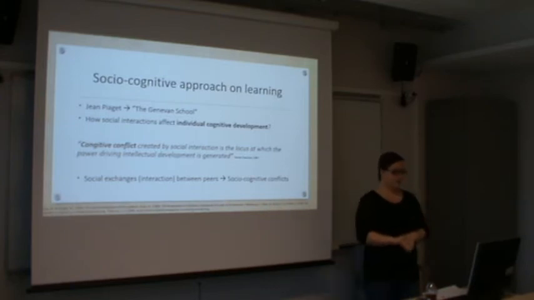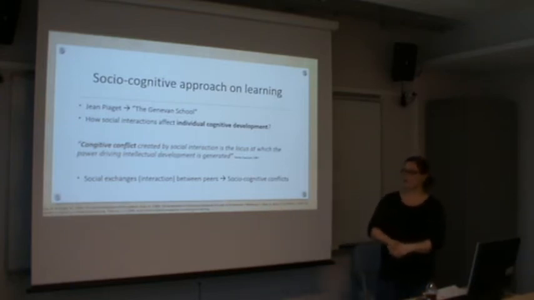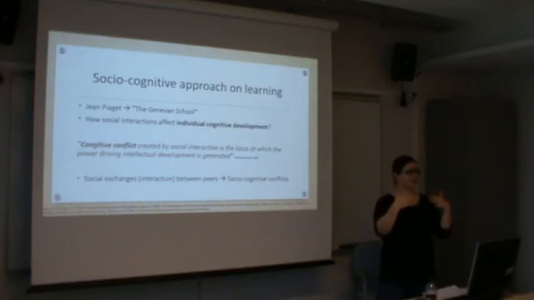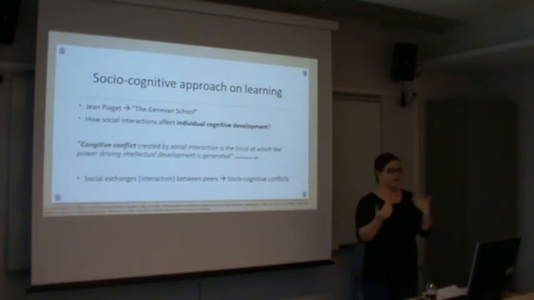And the cognitive conflict, I don't know if it's a familiar term for you, means that you know something and you hear or see something that conflicts with your idea of the topic. Then you have to actually think and change your ways of thinking because there's a conflict between the new information and your own old knowledge.